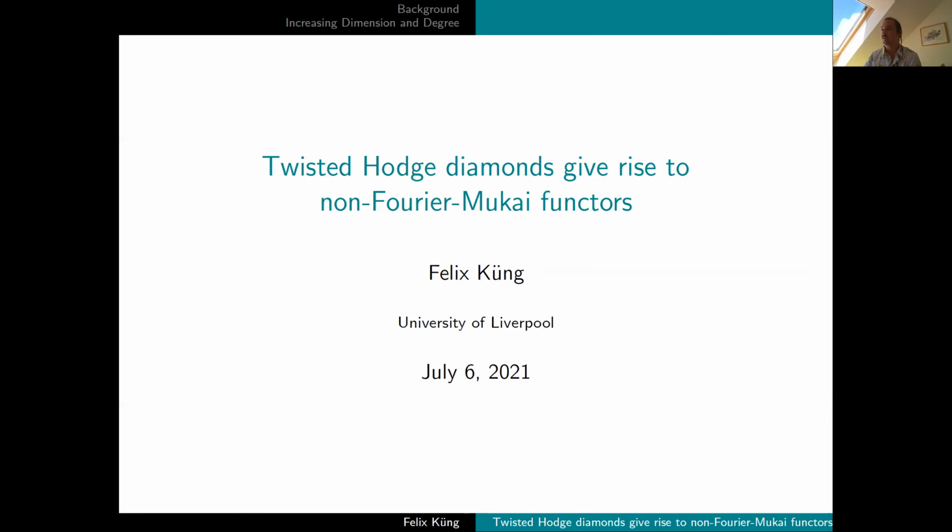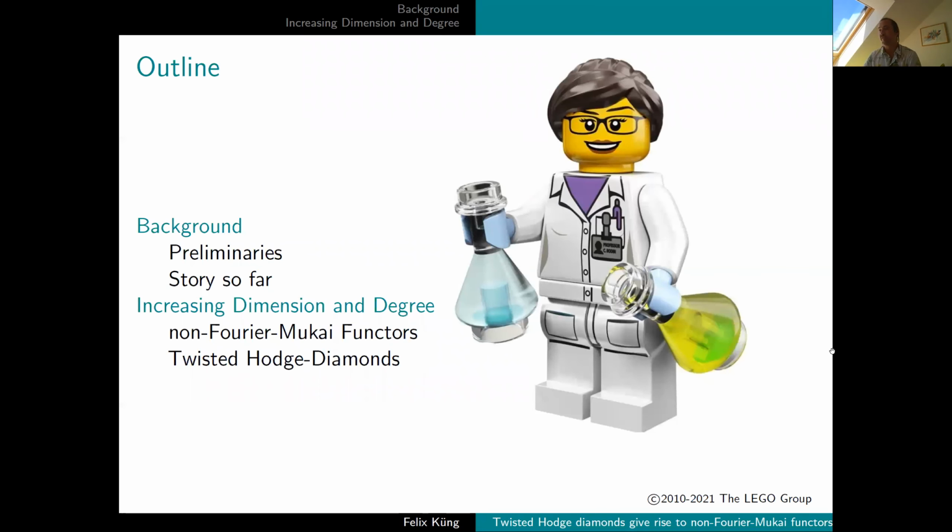So what we will talk about today is how we can construct non-Fourier-Mukai functors, and that we can use twisted Hodge diamonds to do that. We will start out by talking about some preliminaries and the story so far, because that has been quite an important subject for a few years.